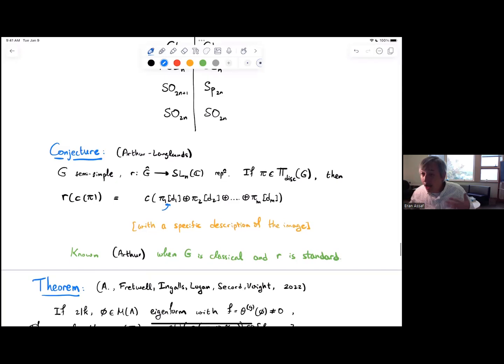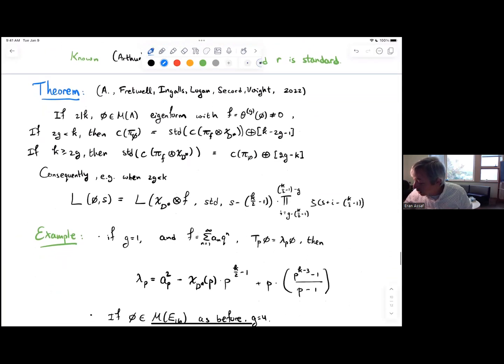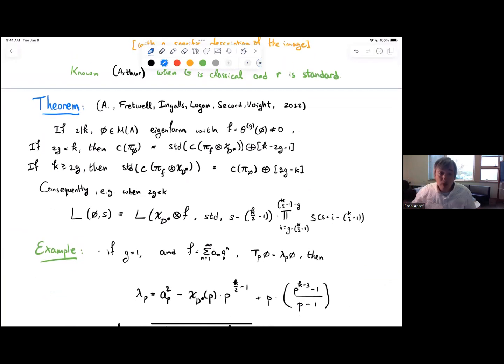And one could ask what happens when you have R that is not standard, and how does it relate with the theta correspondence? And this leads to a result I have with Fretwell, Ingalls, Logan, Secker, and Voigt that tells us how these relate to one another through the theta correspondence.